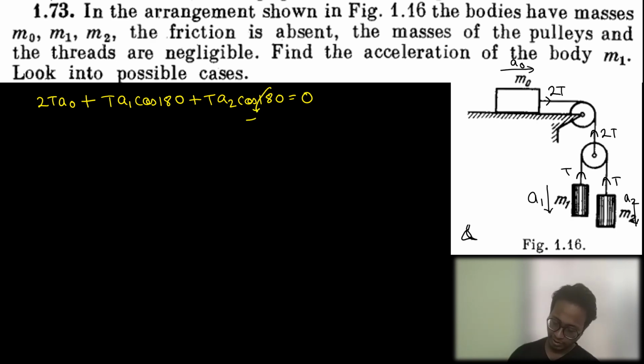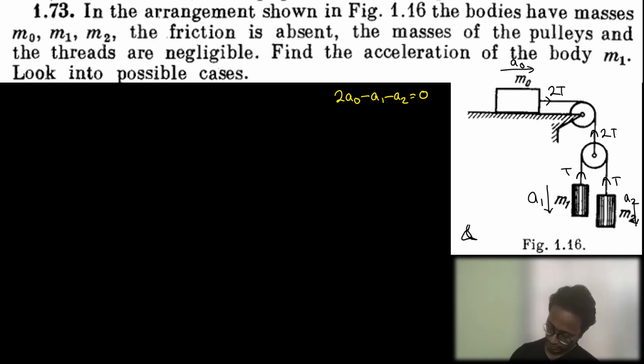Cos 180 is nothing but minus 1. So out here we get the relation 2T a0. You can cancel out the T, but you get the relation 2a0 minus a1 minus a2 is equal to 0. When you solve this, I get the relation a0 is equal to (a1 plus a2) divided by 2. Out here, we send this to the right hand side and divide by 2.